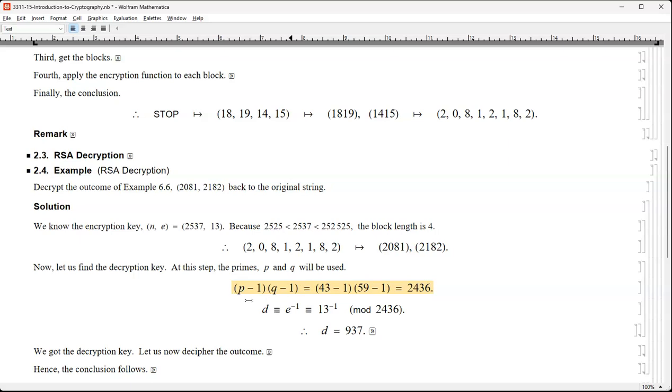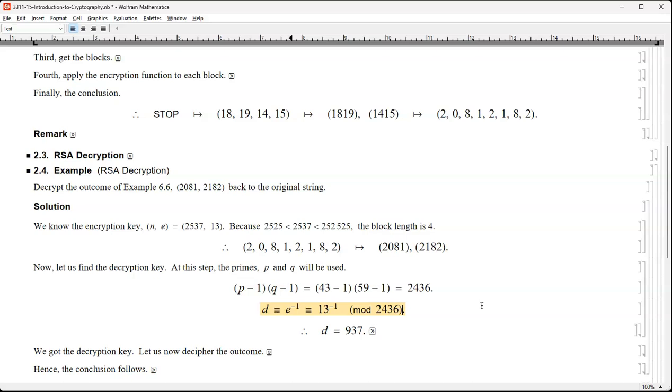So phi of n, which is p minus 1 times q minus 1, is 2436. What we want is e inverse, in other words 13 inverse, modulo 2436. And finding this is going to be a major pain in the rear end, I have to say.